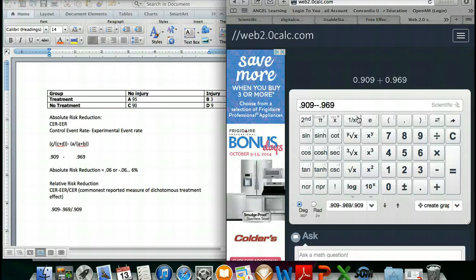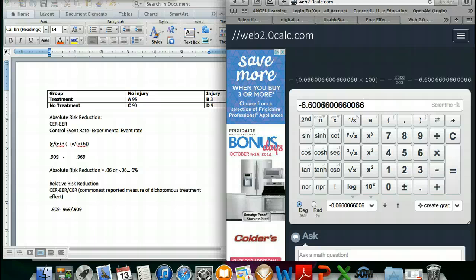I didn't put my parentheses, and you have to use your parentheses. So we have, again, negative 0.06, the answer we got for our absolute risk reduction, and we divide it by 0.909. And we get negative 0.066. Otherwise, if we multiply by 100, 6.6%.